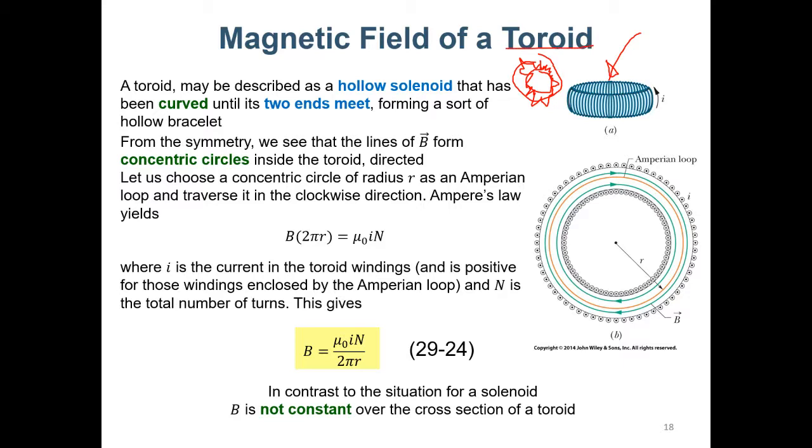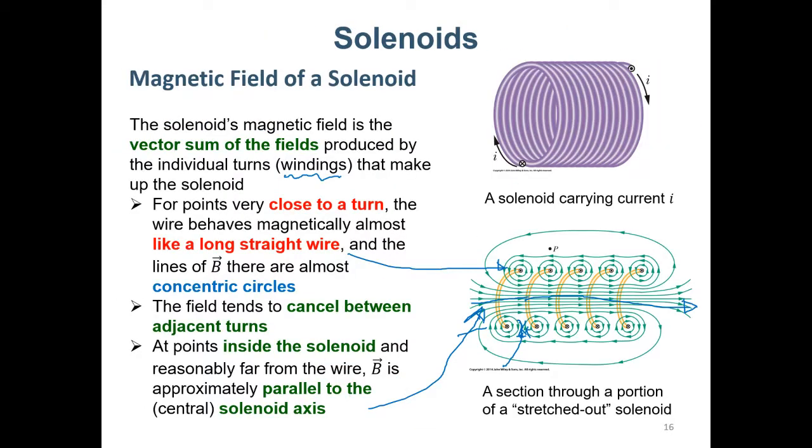A toroid may be described as a hollow solenoid that has been curved until two ends meet, forming a sort of hollow bracelet, 就是手链. But it is hollow because when you cut it out, it is a solenoid.